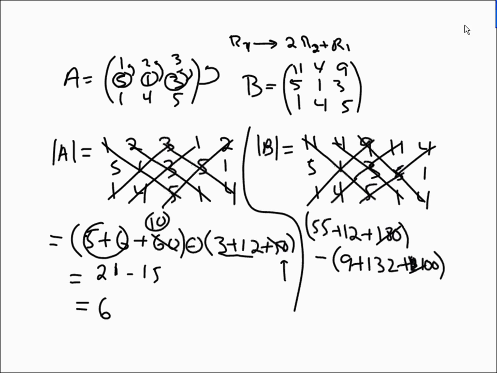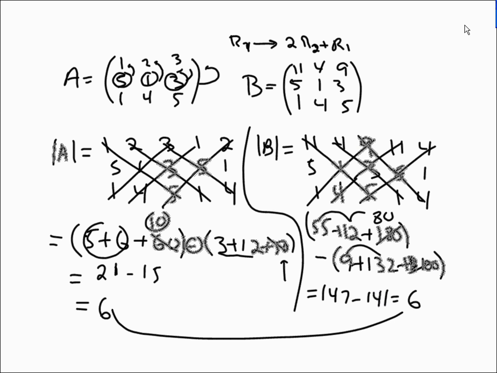Okay. 180 minus 100 is 80. 67 and 80 is 147 minus 141. 6. Look at that. Same answers. They give the same answer.